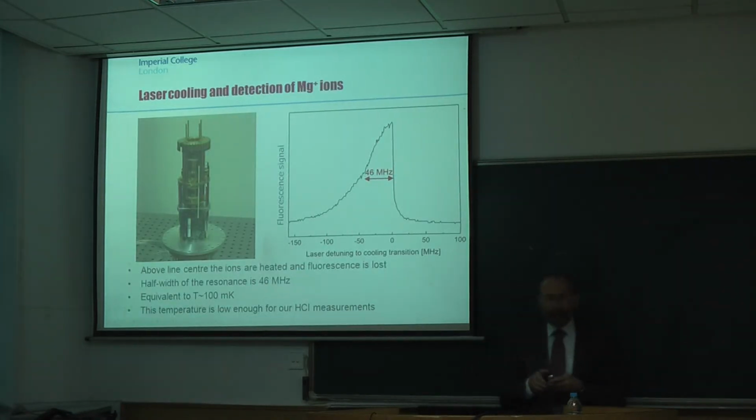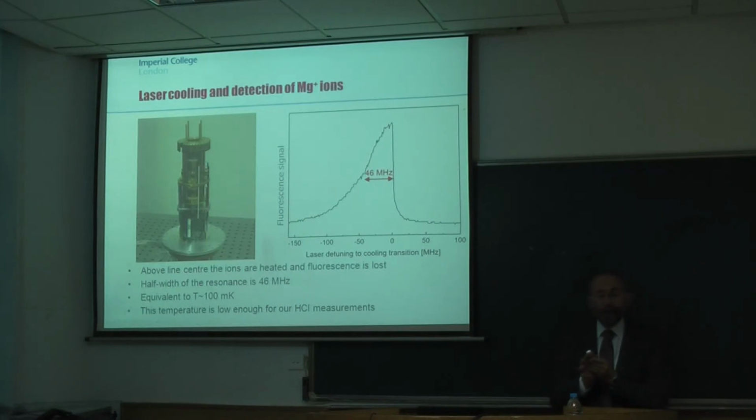And you can get an estimate of the temperature by taking the laser that you're using for cooling and just scanning it slowly across the transition. So the laser cooling transition has a total width of about 40 megahertz.